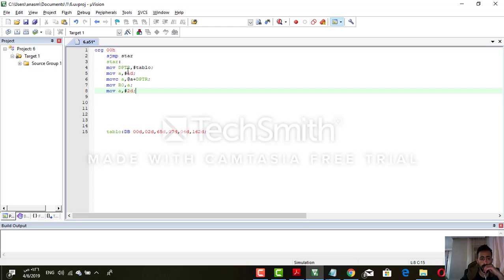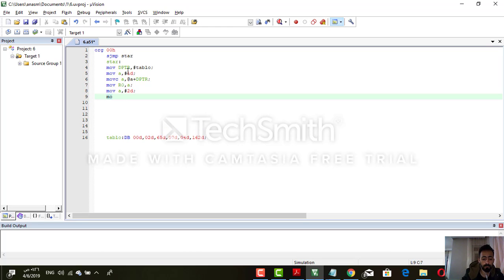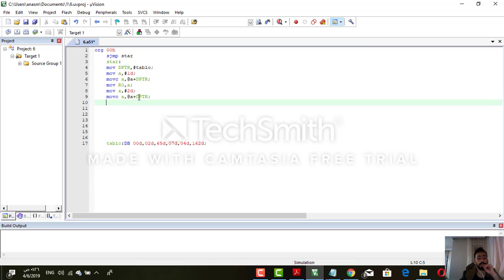After that, also MOVC to accumulator, the value of A plus the pointer. Okay, now we have the second number at A and the first number at R0.